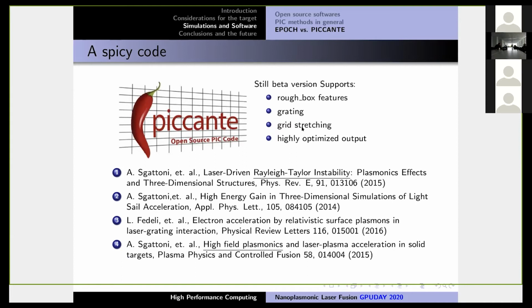The grid stretching feature can be used, for example, to study Rayleigh-Taylor instabilities, and also the rough box and the grating features can study surface plasmonics. So the publications they published are very promising.